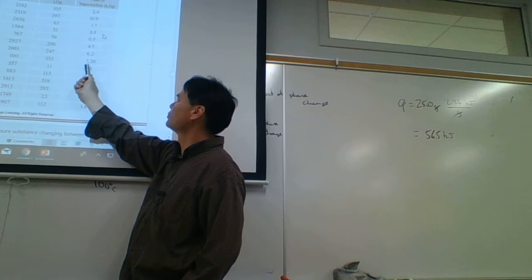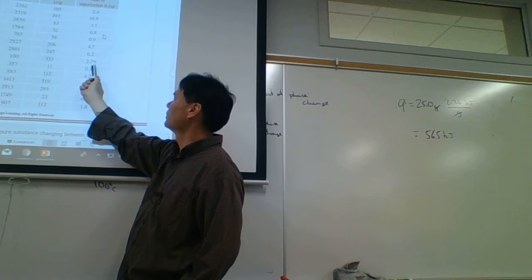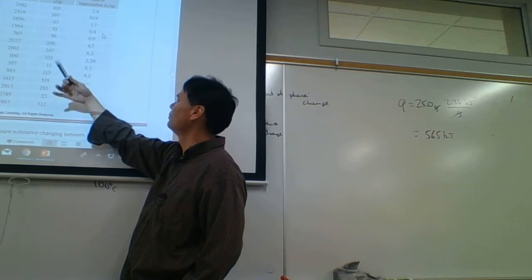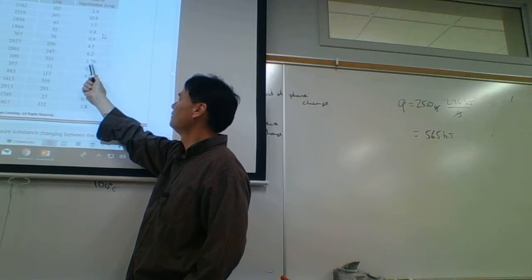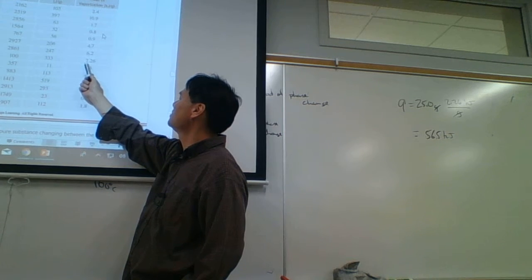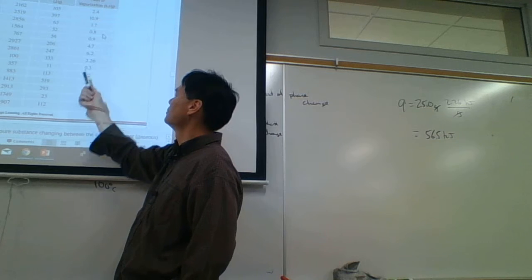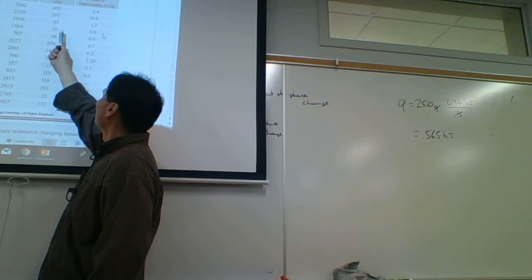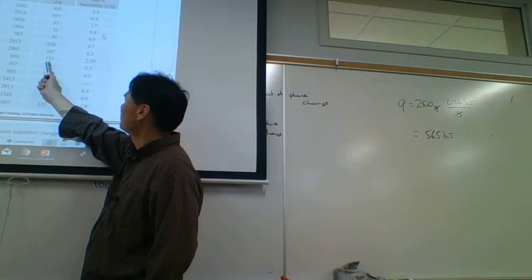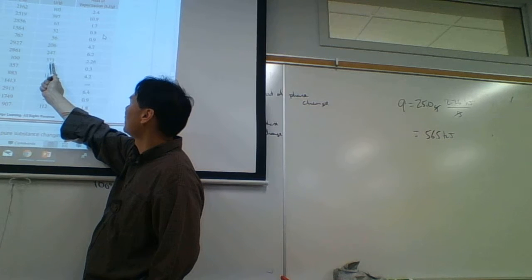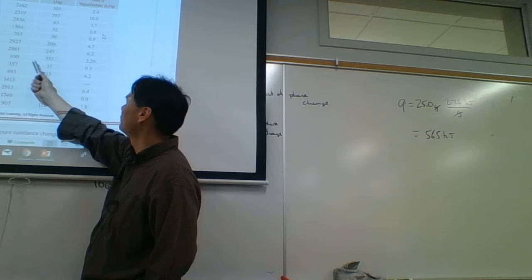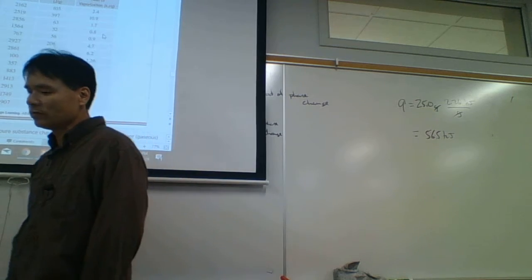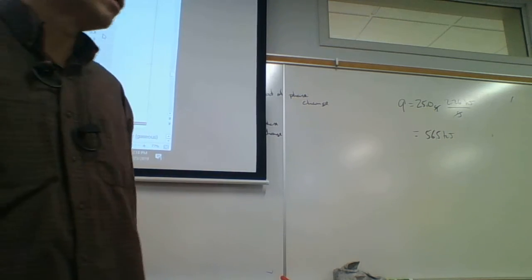Rather than absorbing 2.26 kilojoules per gram, it would release. We need to remove 2.26 kilojoules per gram. And so it's negative. The heat of condensation is minus 2.26 kilojoules per gram. And if we melt it, it's going to cost us 333 joules per gram. If we freeze it, we have to remove that. So we'll have to remove 333 joules worth of energy for every gram of water that we want to freeze.